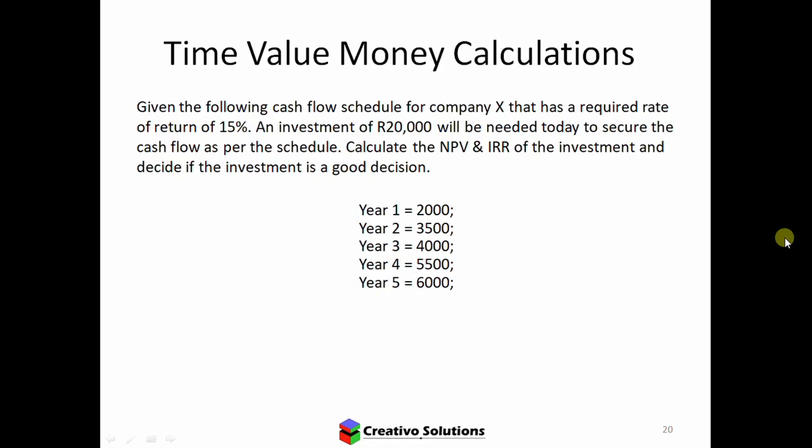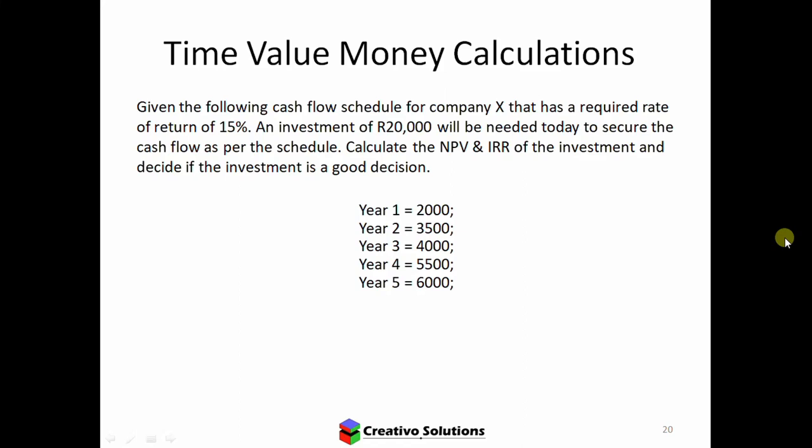Here we're looking at time value of money again, except here we have a NPV and IRR calculation. Right, so this is something that you also need to be aware of, and you need to use your financial calculator to do this. You just have to insert all of these values into your cash flow function or your NPV function, and that NPV function is going to return the relevant values. Right, so IRR and the actual net present value.